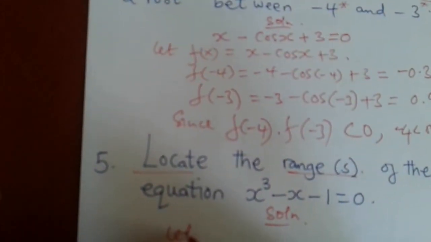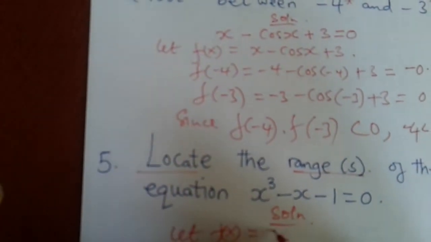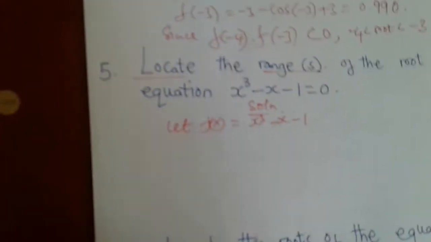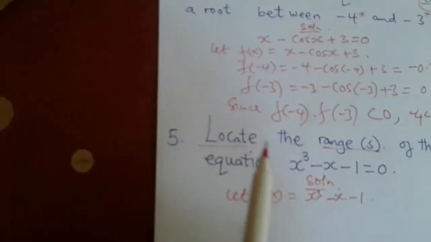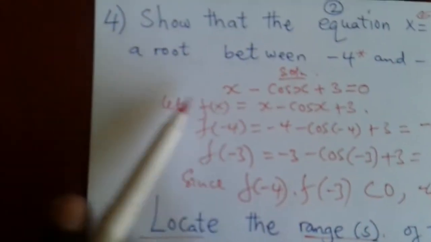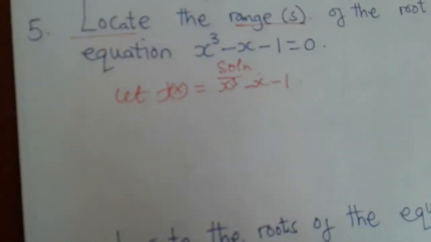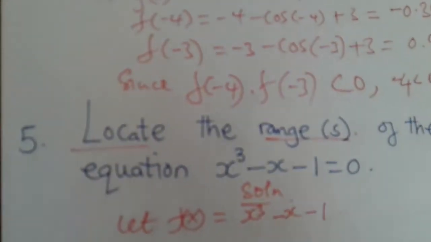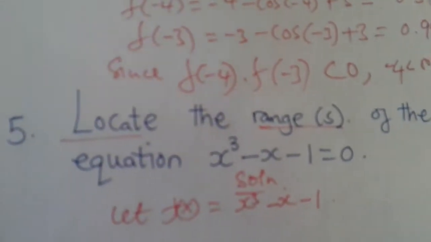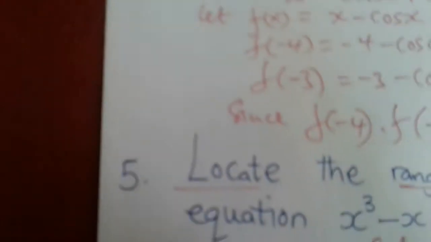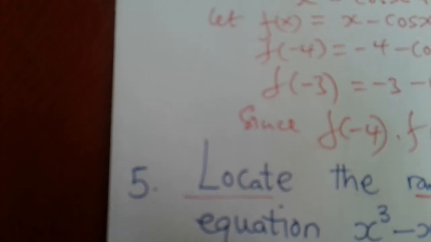Therefore, you let f(x) be equal to x cubed minus x minus 1. In this case, we don't use sign change directly. We have been handling the upper examples, but here we see the change of sign in a table by performing a dry run, a table of outcomes. So we shall have x, then f(x).